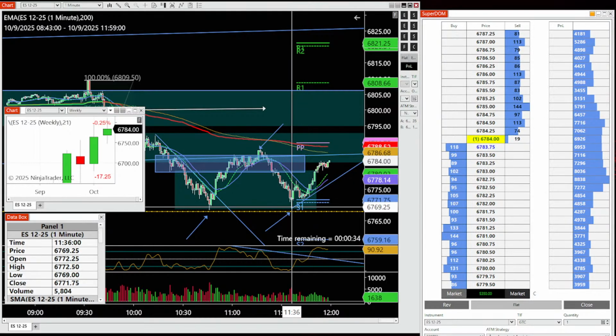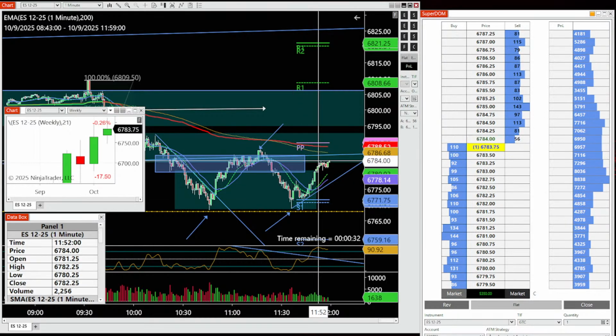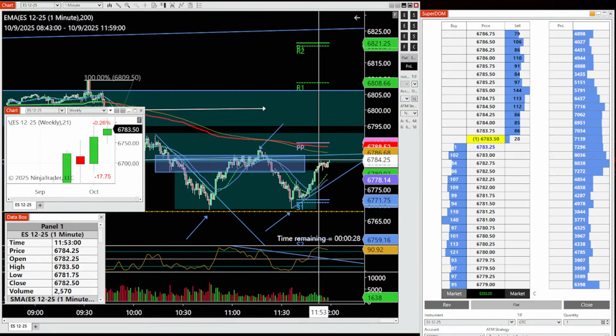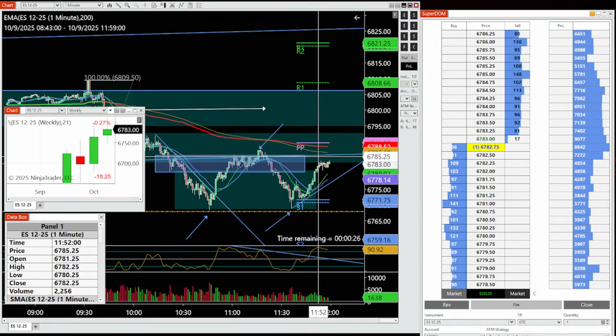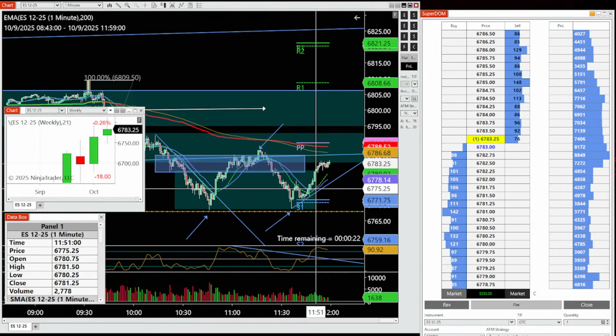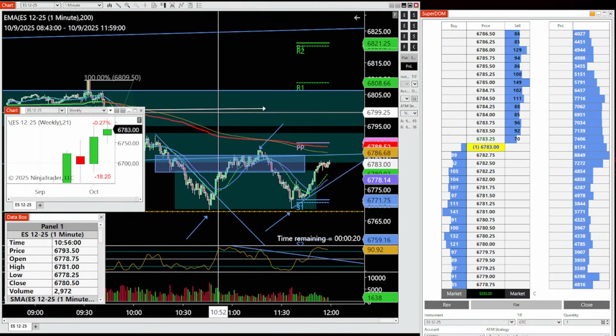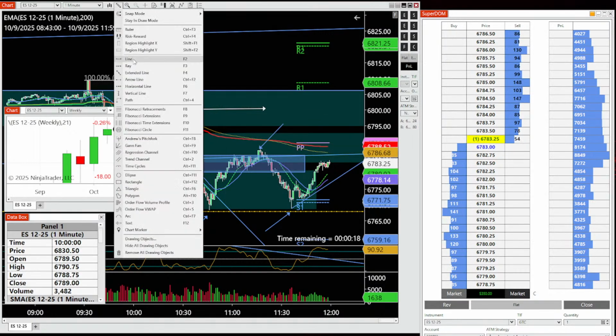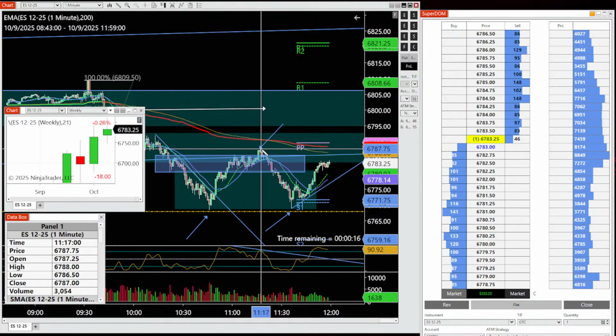So now we got low 69, 78. Still like a 20-point move either way. 20-point move up and down.